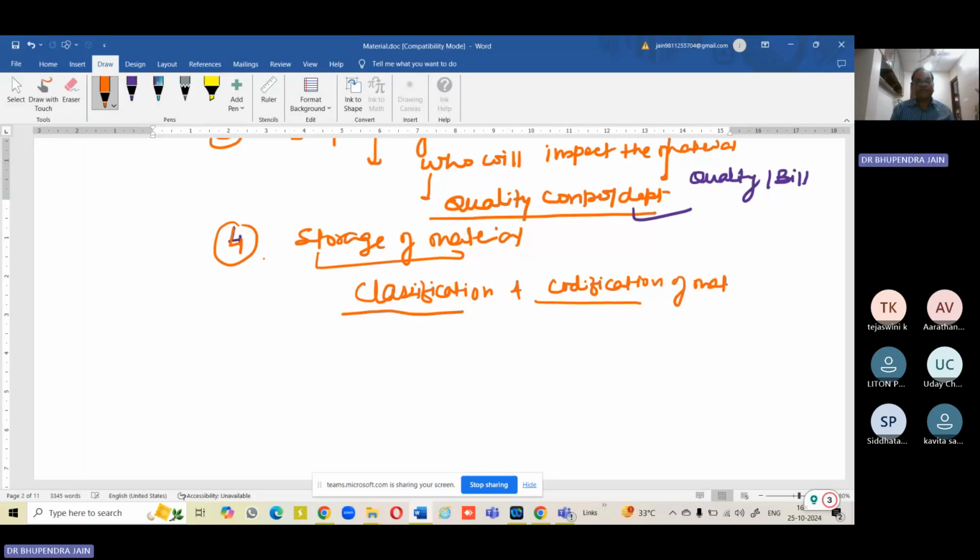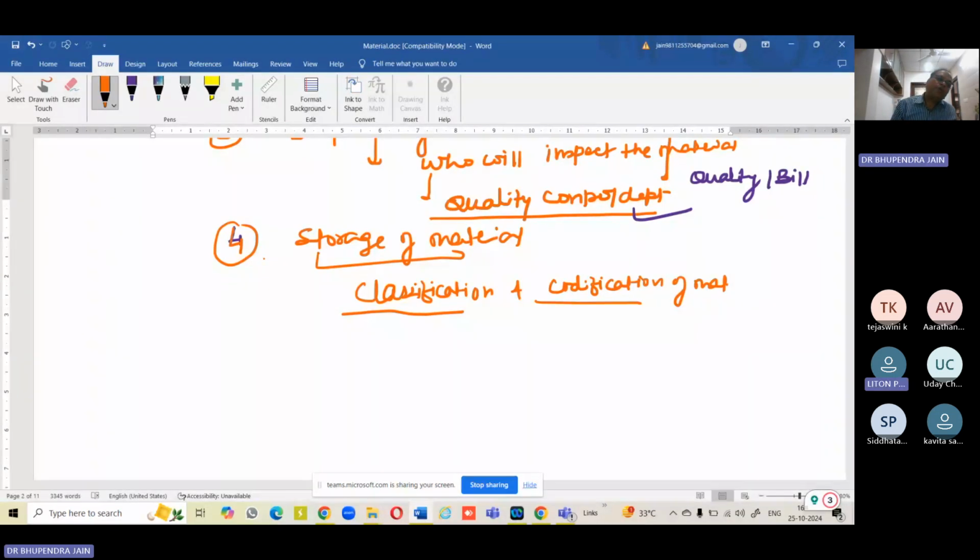We have already classified and given some code to the material, so that it is easily identified by all persons, other than the storekeeper, to fetch the material.